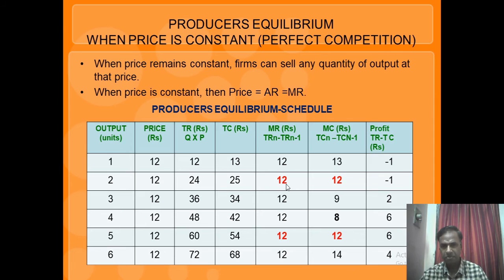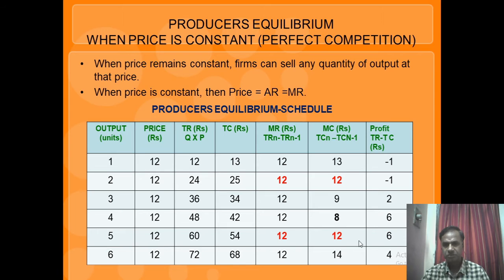Here, after MR is equal to MC, MC is lesser than MR. You see, in the 5th level of output, the profit is 6, maximum profit. Here, MR is equal to MC, first condition is satisfied.